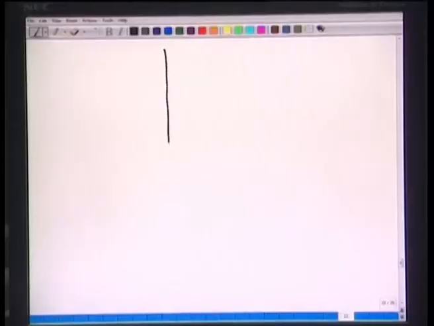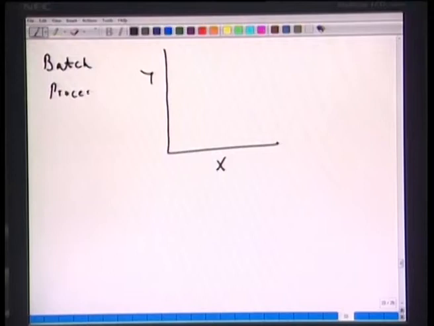All it means is that instead of working along the length, we are now working along the time coordinate. So if we go back and redraw this y versus x, and we are discussing the batch process, our equilibrium curve will still be the same.